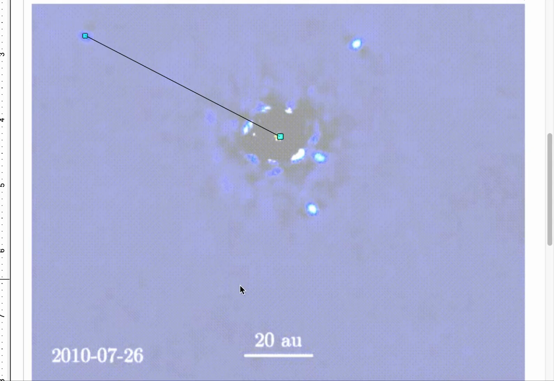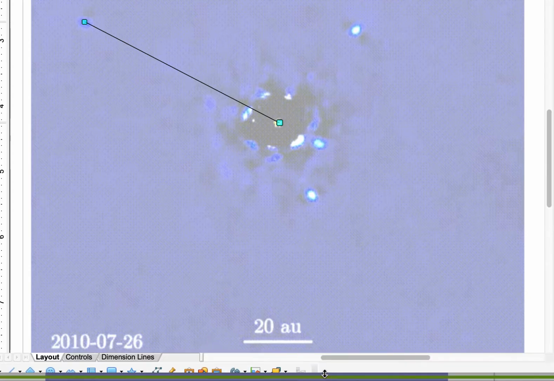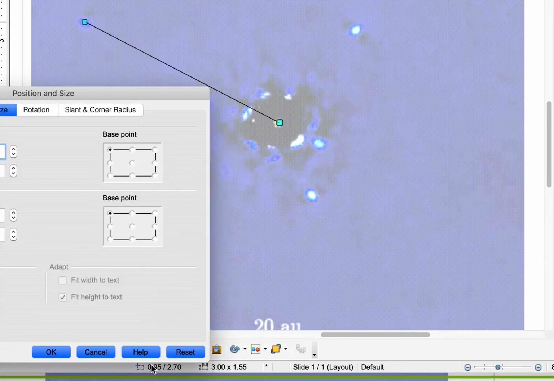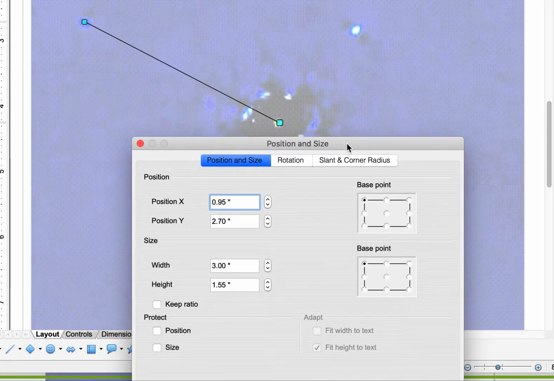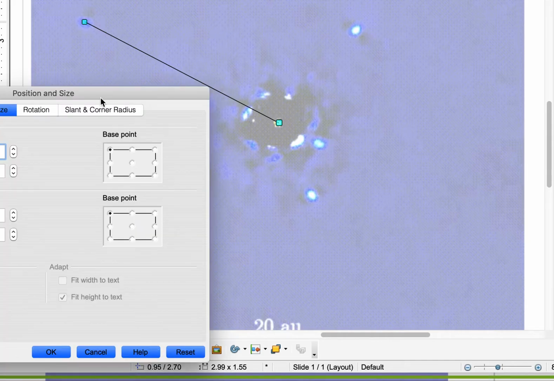Now I may be able to shift it over a little bit, using some of these tools at the bottom. See, I can kind of manually adjust.